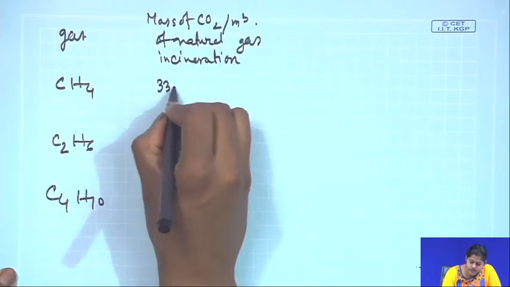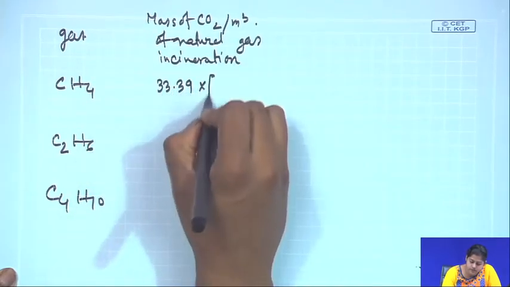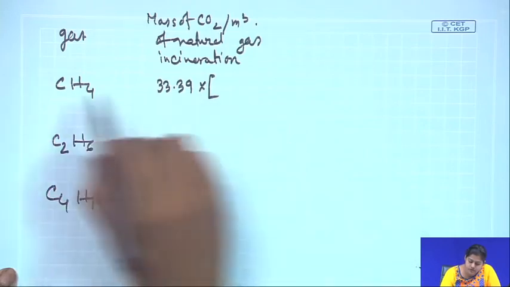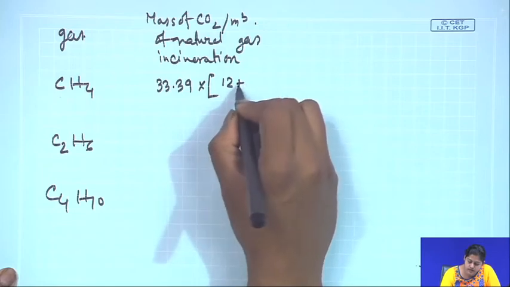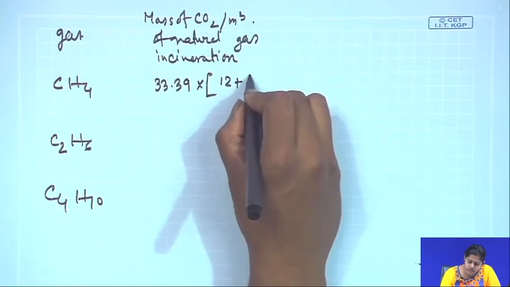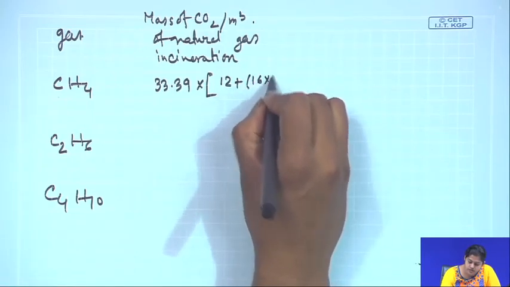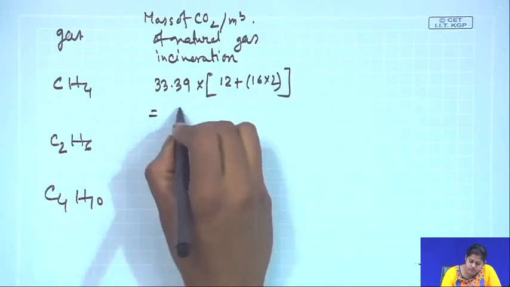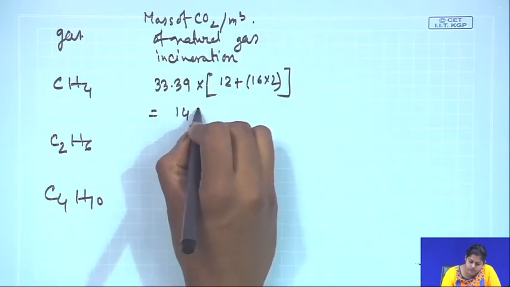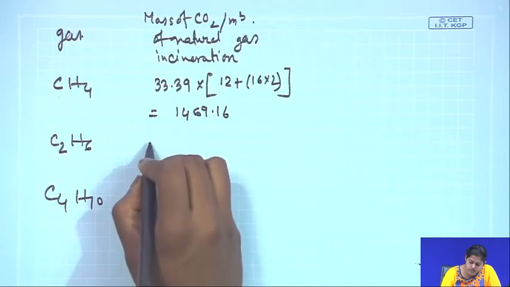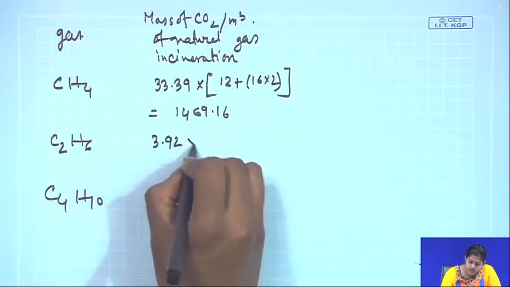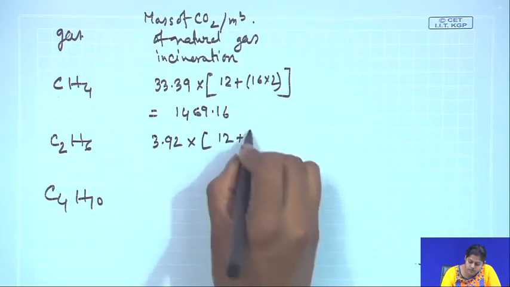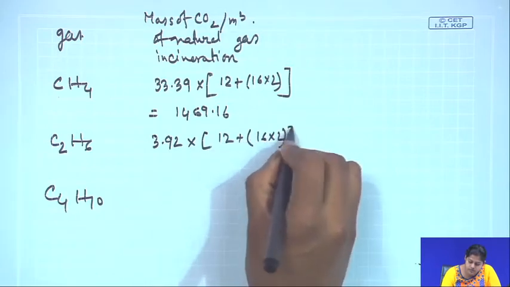This will be 33.39 into, we are calculating the molar mass of CO2, not this methane. So, this will be 12, carbon atomic weight is 12 and O is 16 into 2. So, this will be a total of 1469.16.